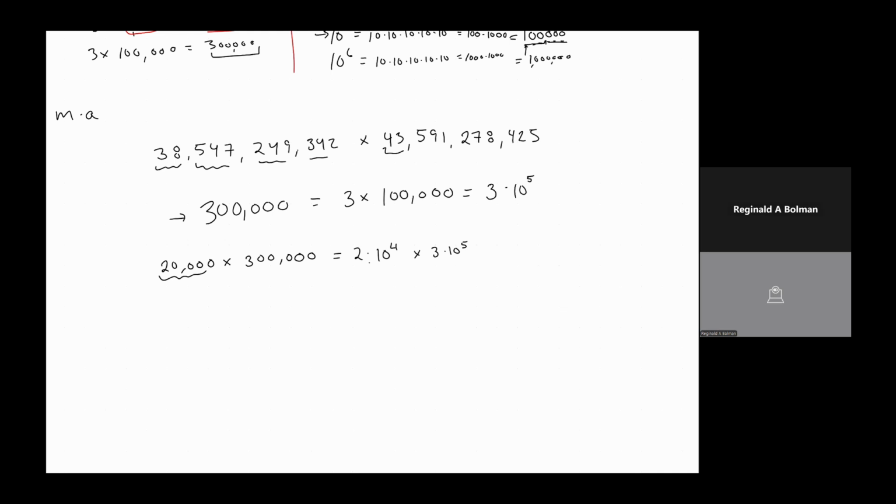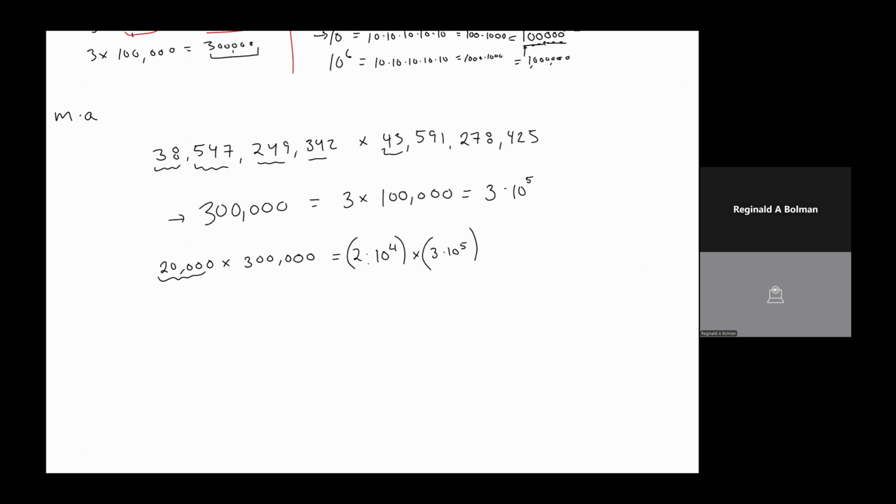Then when we multiply these numbers together, by the associative law, we'll be multiplying 2 times 10 to the fourth times 3 times 10 to the fifth. And initially, it doesn't look like our life necessarily gets easier because now we have a bunch of exponents. A lot of students are going to say, I don't understand why we're using a bunch of exponents.